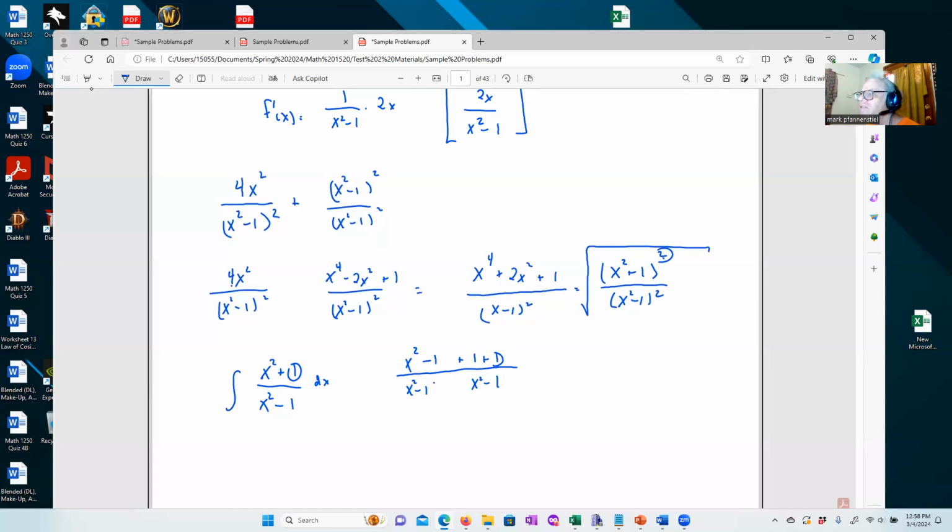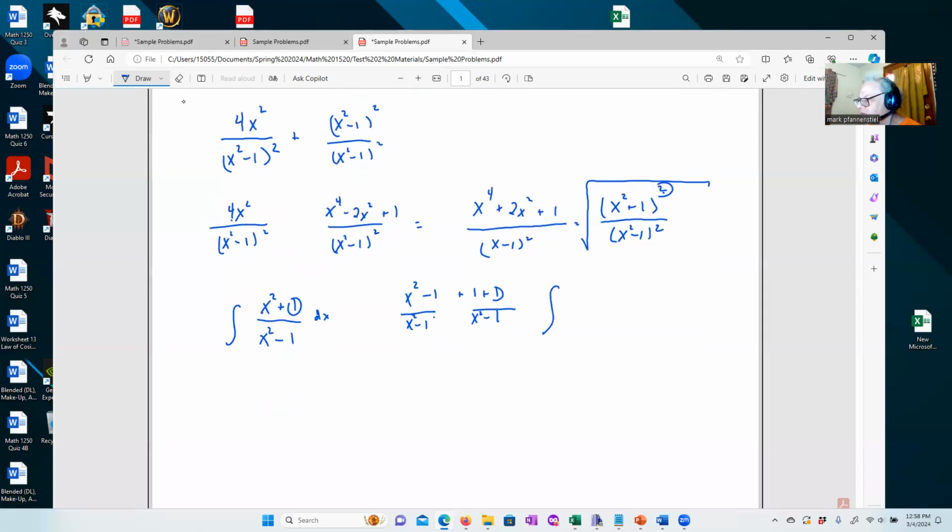What I'm going to do is break this fraction right here. These pieces are going to cancel, so we're just going to get an integral of 1 plus 2 over x squared minus 1, dx.